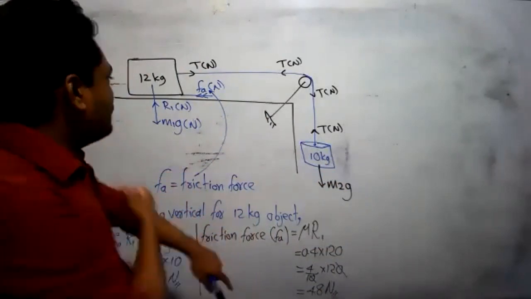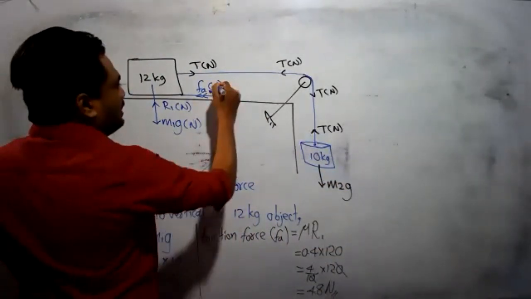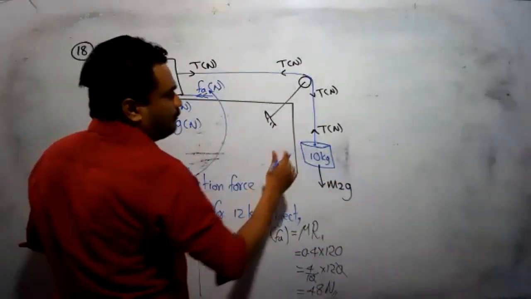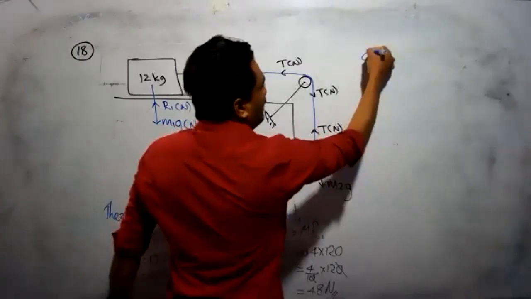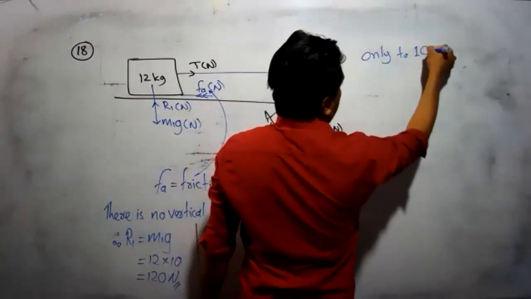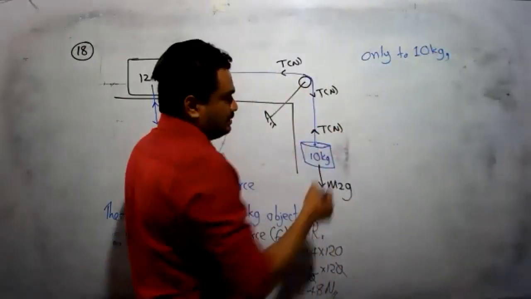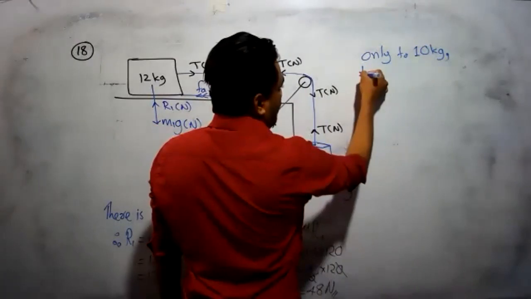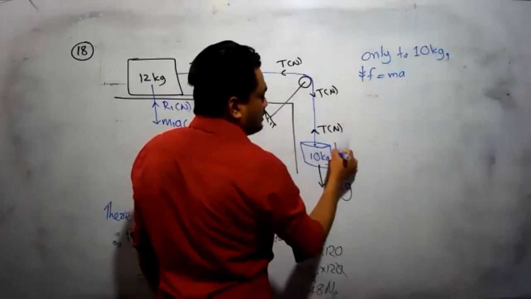Right, so we know the friction force. Now look at the board, I'm going to apply F equals MA only to the 10 kg object, vertically downward.